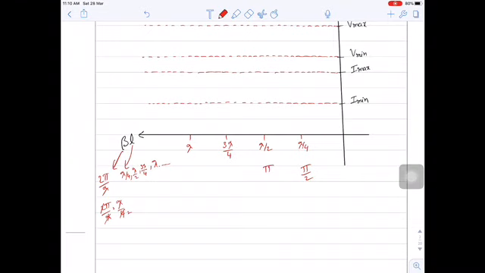If you substitute 3 lambda by 4, the corresponding value is 3 pi by 2. If you substitute the value of lambda in L, then beta L is equal to 2 pi. So, from this graph you can say that as the length of the transmission line from the load varies from 0 to 1 wavelength, the total phase shift is 2 pi radians.